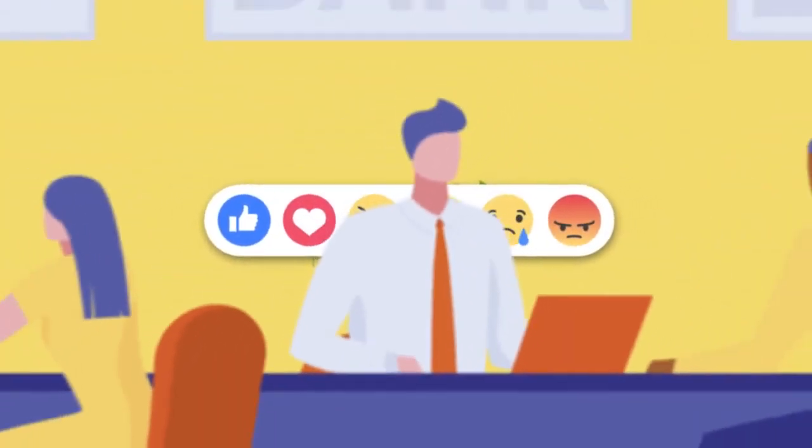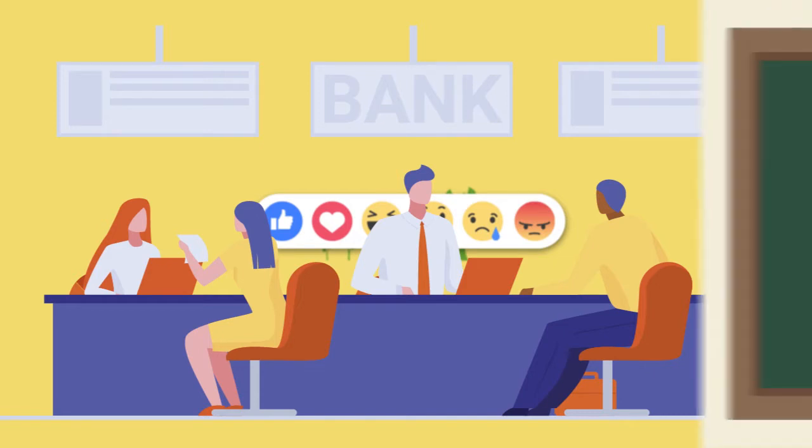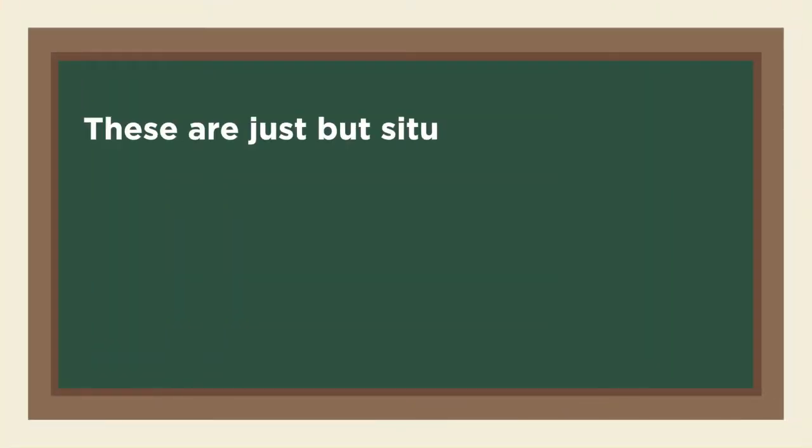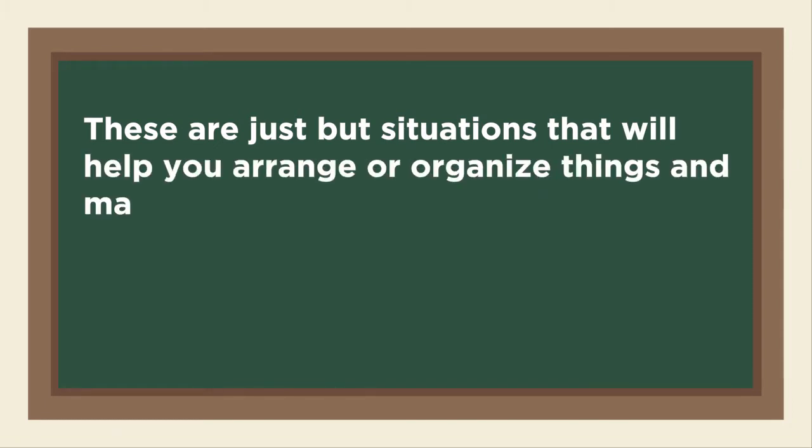When saving your money in the bank, have you realized how much it will increase monthly, quarterly, or yearly? These are just situations that will help you arrange or organize things and make wise decisions.